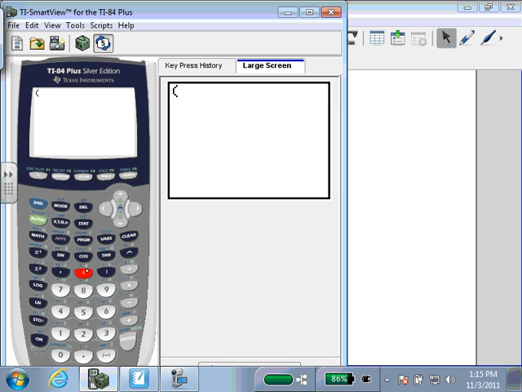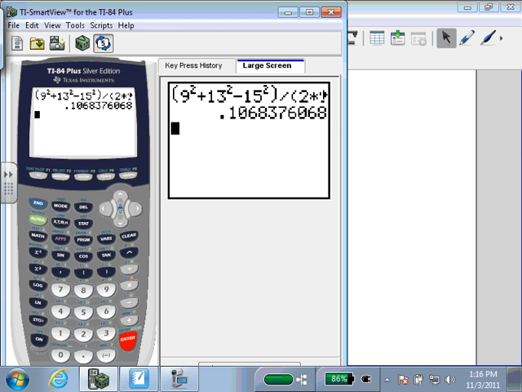In a parenthesis, I have 9 squared plus 13 squared minus 15 squared, divided by 2 times 9 times 13. That's the cosine of angle A. So angle A is about 83.87 degrees.